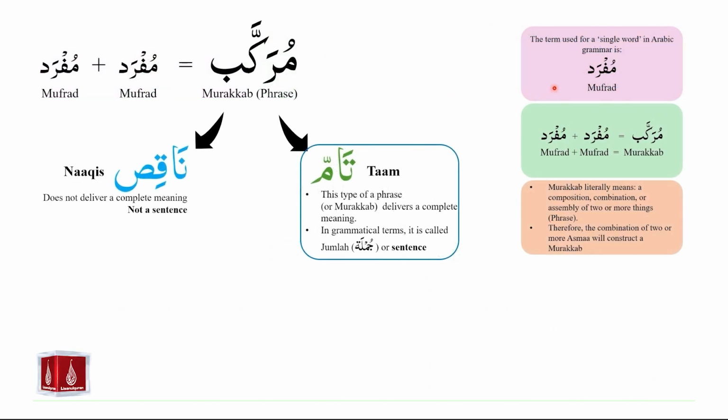At this point, we know the definition of mufrad, which is a single word. We know that mufrad plus mufrad constructs a murakkab, and that murakkab is a combination of two or more asma.